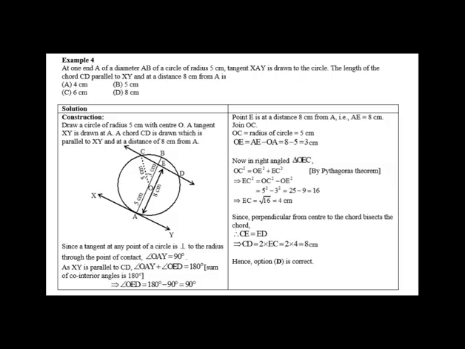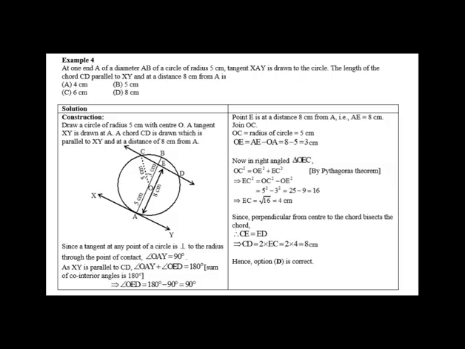As XY is parallel to CD, angle OAY plus angle OED is equal to 180 degree because sum of the co-interior angles is 180 degree, which implies angle OED is equal to 180 degree minus 90 degree. Therefore, angle OED is equal to 90 degree.